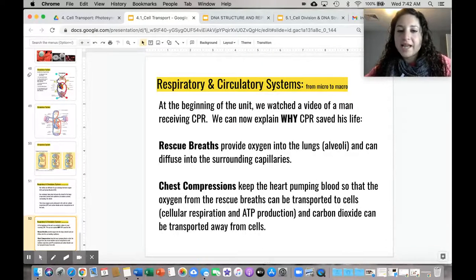What we can say is that the rescue breaths will provide oxygen to the lungs, specifically the alveoli, and then the oxygen can diffuse into the surrounding capillaries.